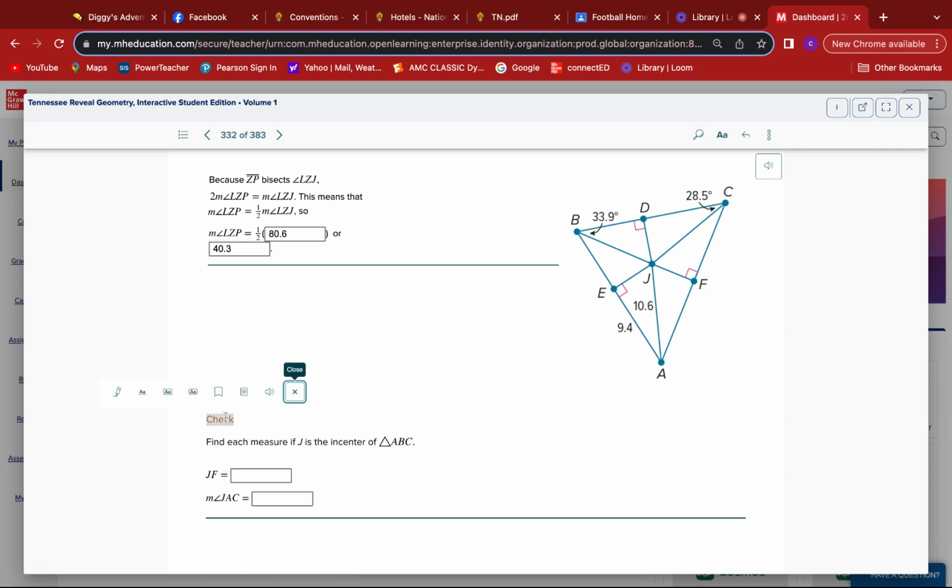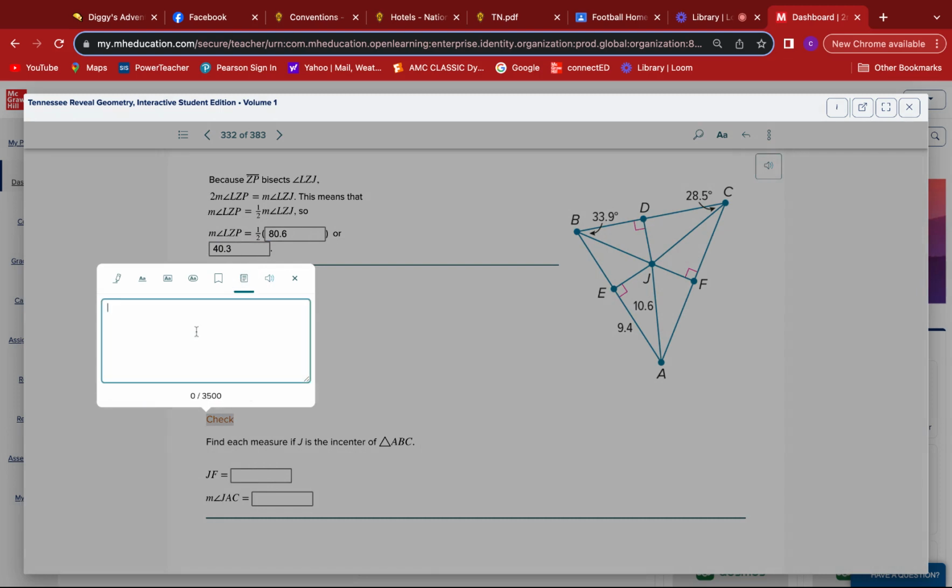All right. So let me get my teacher notes out. So remember, 33.9 times 2 is 67.8, plus 28.5 times 2 is 57, plus, and I need to know what angle A is.